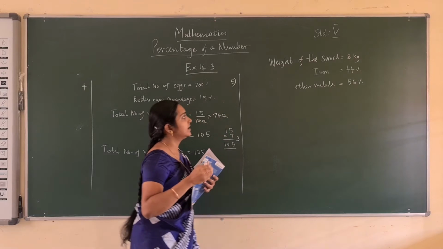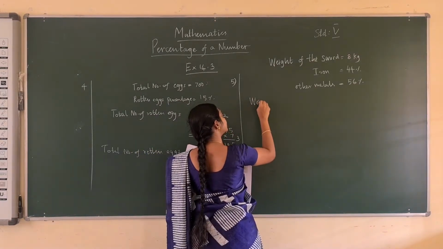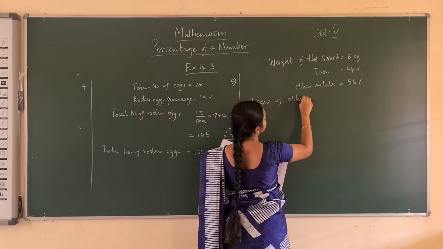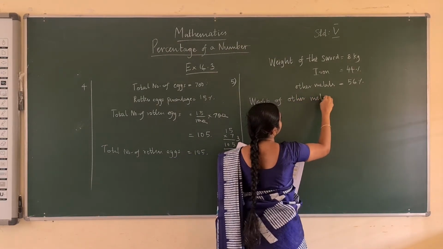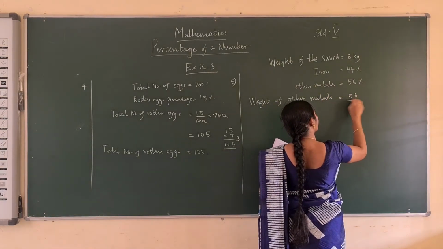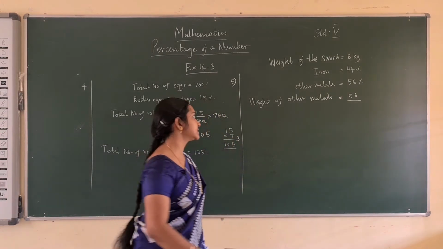We have to find the weight of other metals. For 100 it is 56. So we have to write 56 by 100.